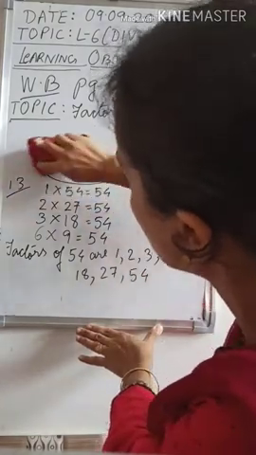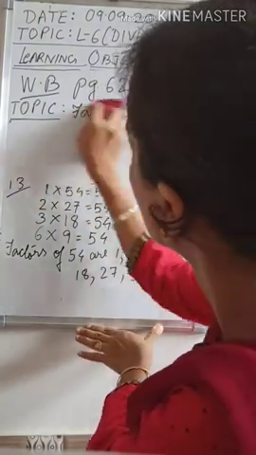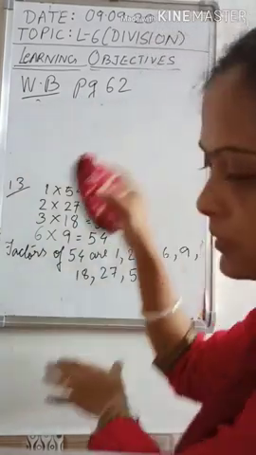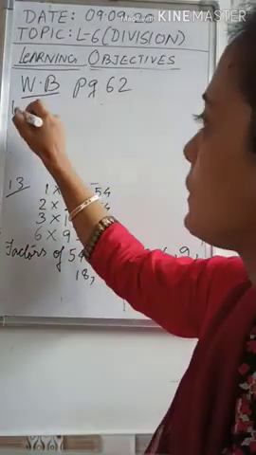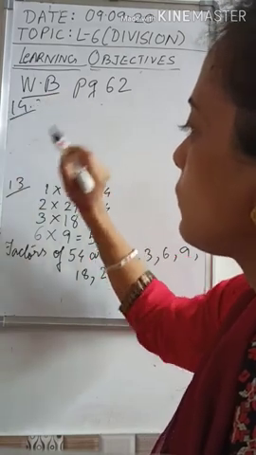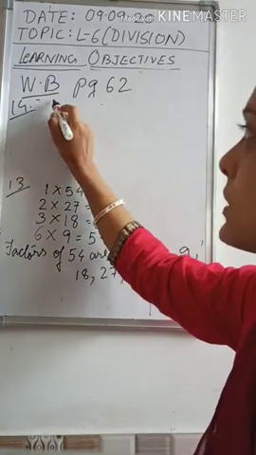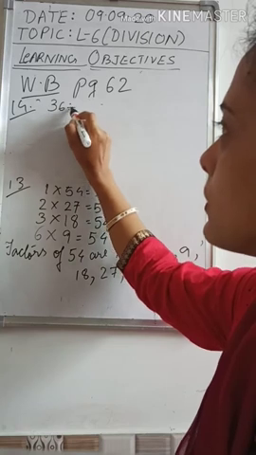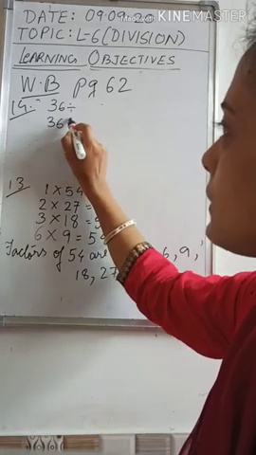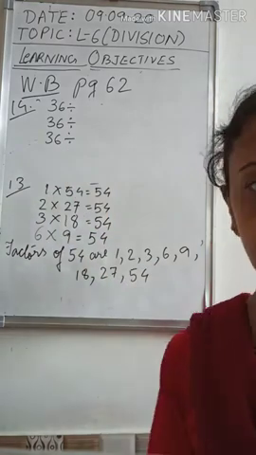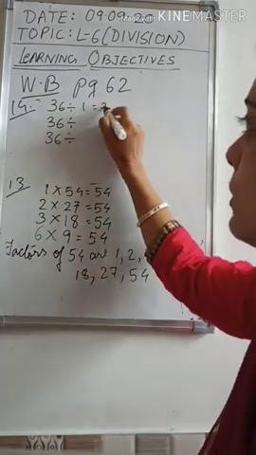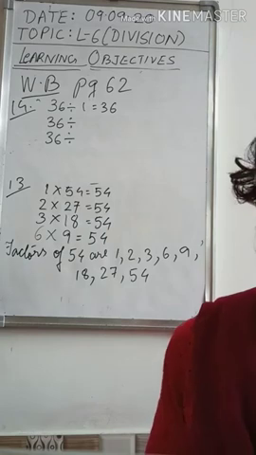Number 14. You are asked to find the factors of 36 using division. So this time we will do not multiplication, we will do division. That means 36 will be our first number. We have to keep on dividing 36 with such numbers which can divide 36 exactly. So 1 will be the first number. 1 can divide everything.